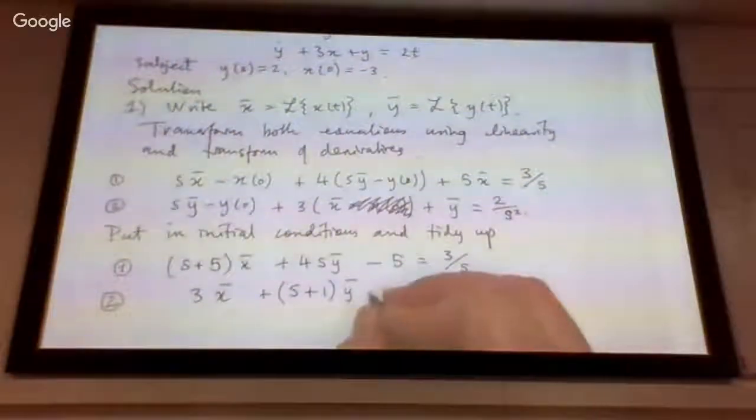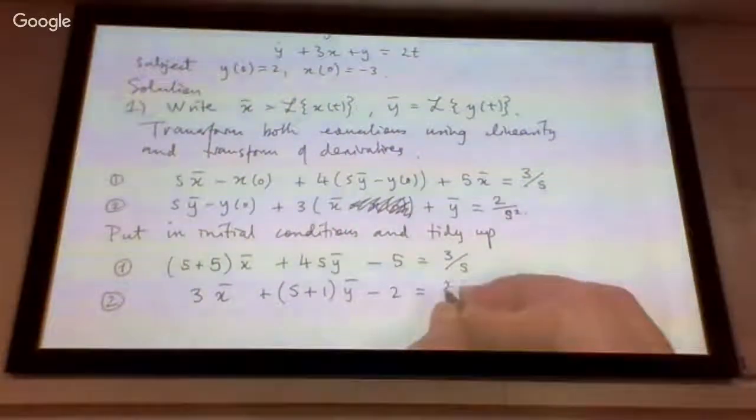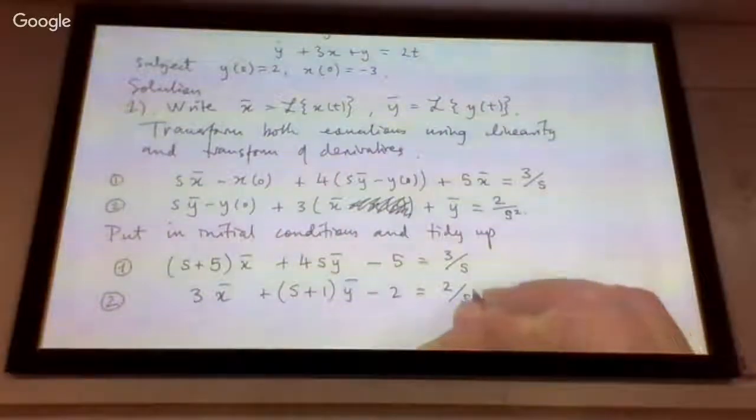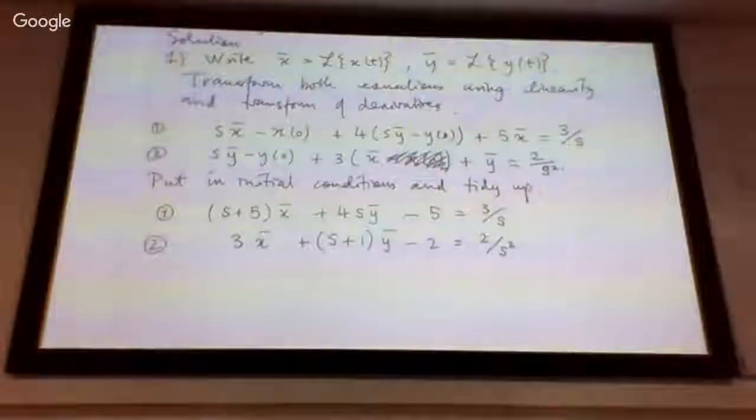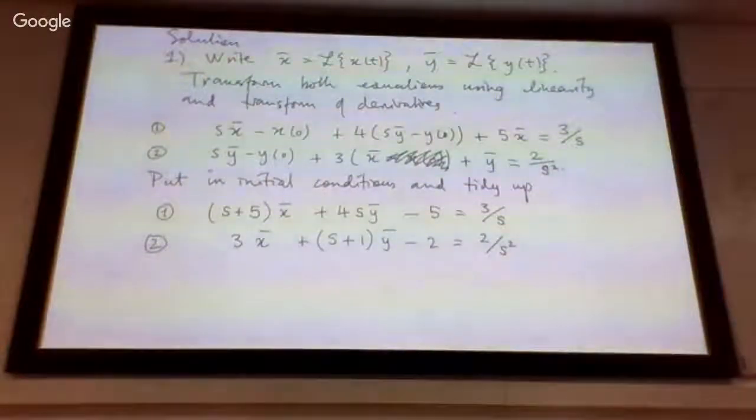And that's still equal to 2 over s squared. Okay? So these are our transformed equations.